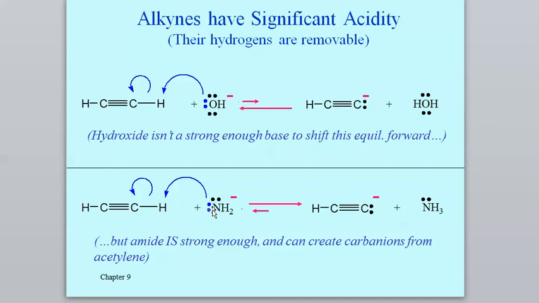But amide is just a stronger version of hydroxide, and you can see this equilibrium does lie towards products. And so if we can create this carbanion, this carbon with a negative charge, it becomes a very good nucleophile, and it can engage in a lot of interesting reactions. And compared to, again, alkanes and alkenes, these alkynes have this going for them. They are just barely strong enough as acids that we can engage them in reactions that do create these acetylide ions.